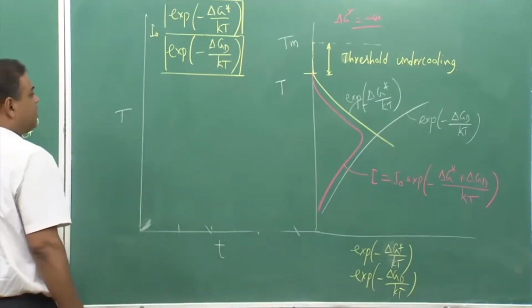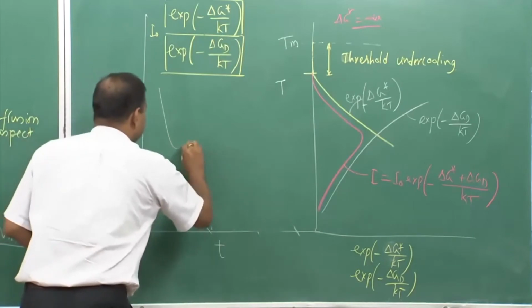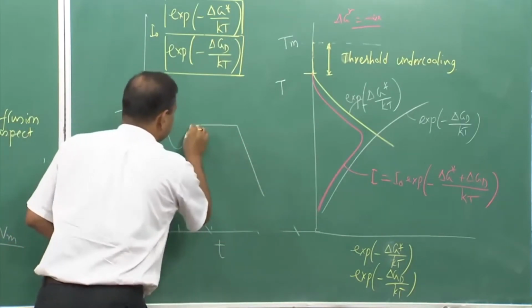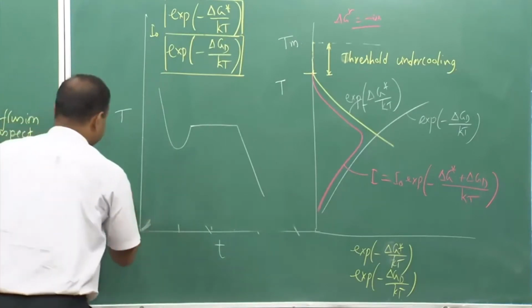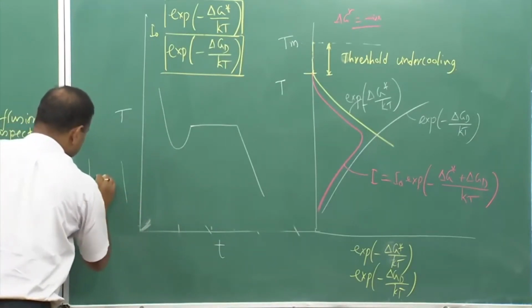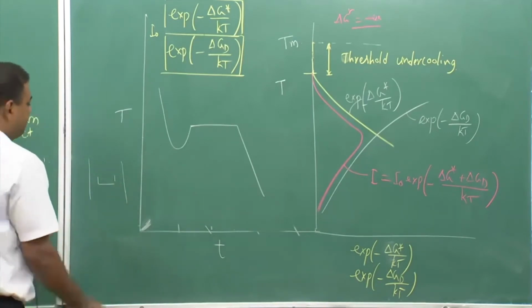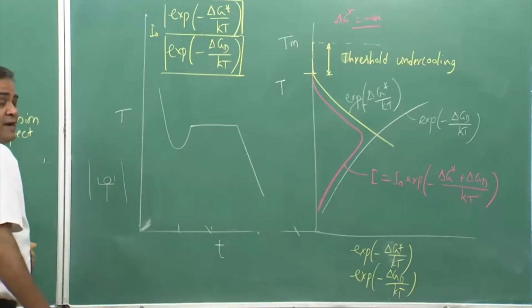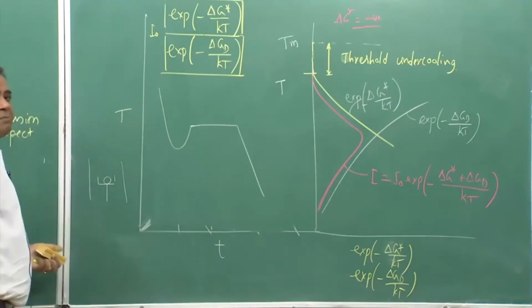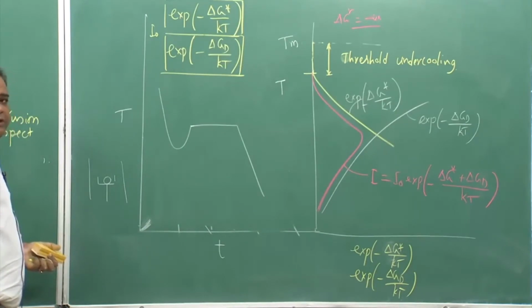If it is a pure metal, we sometimes see this kind of variation. The experiment is pretty simple: I have a furnace, and in the furnace you keep a liquid metal, and I put a thermocouple here and start measuring the temperature as we cool down the liquid metal.